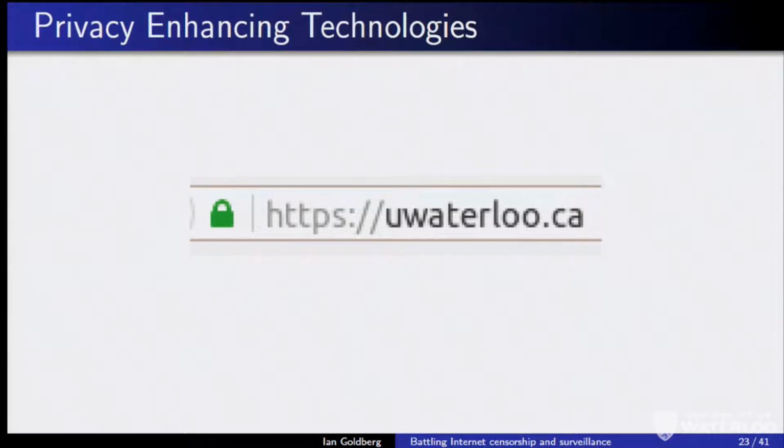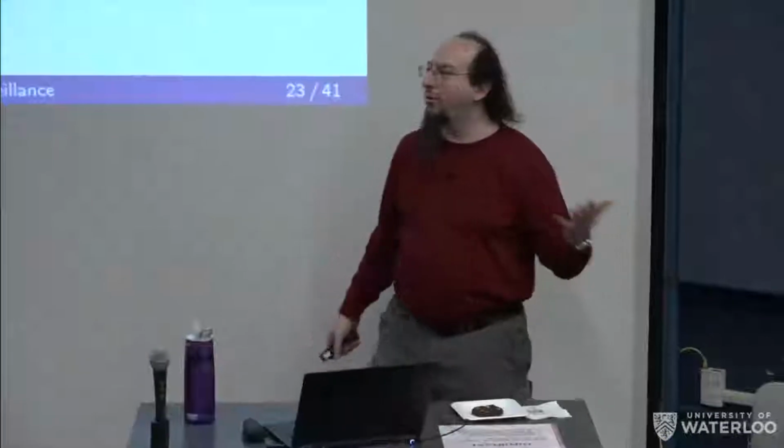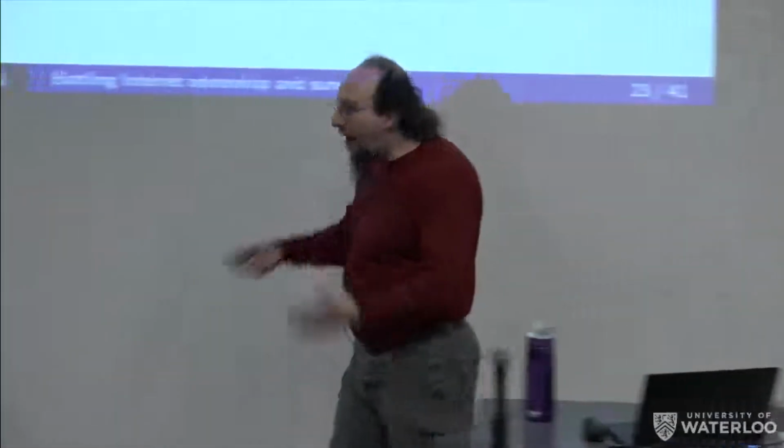Okay, the little lock that shows up in your web browser, that's a privacy-enhancing technology. Okay? And you just use it because that's how the internet works now. When you go to UWaterloo's homepage, it will not let you connect to it in an insecure fashion. You can only connect to it securely. And this is great, right?